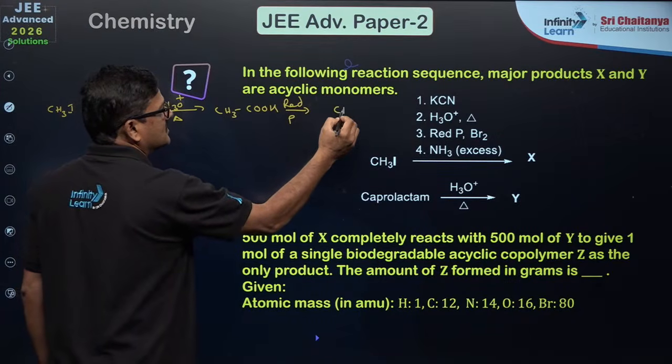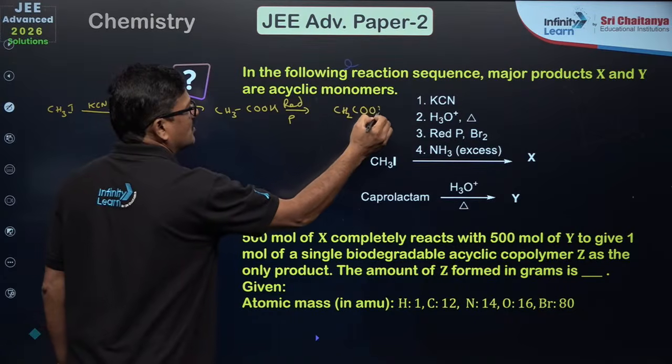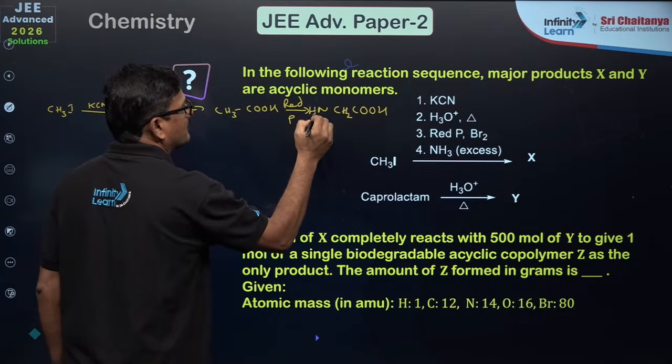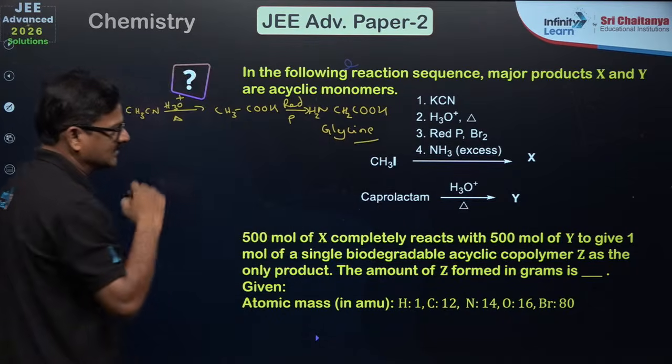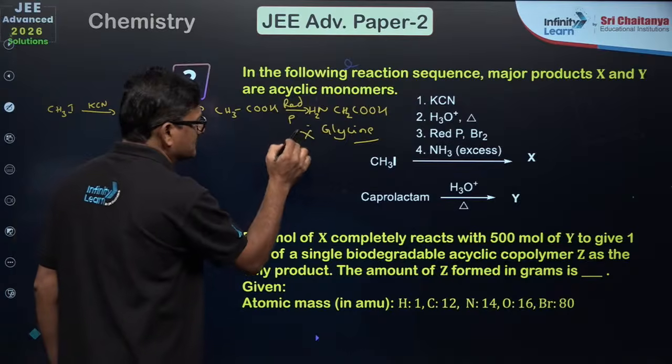You are going to get CH2(COOH)NH2. This is your glycine. X is your glycine.